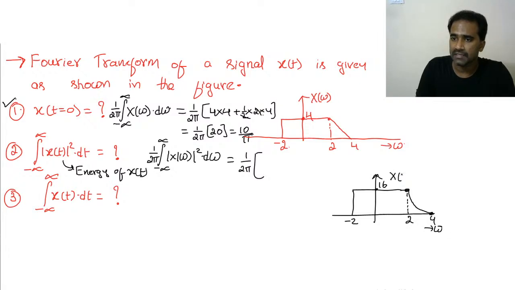So what we have here is mod x of omega whole square. We can find the area directly. Though a parabolic graph is involved, we can find the area directly, or you can go with the basic integration also. Both ways we can do the problem, so let me do it in both ways.